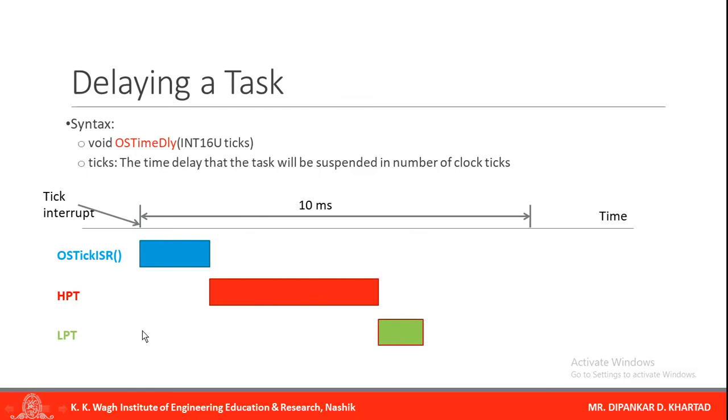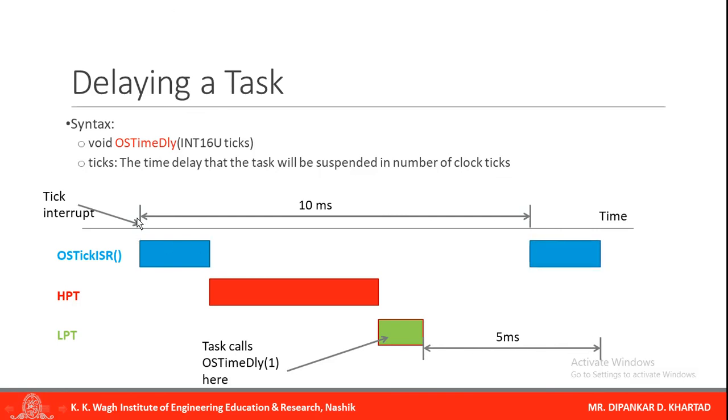And the lowest priority task, when that task calls OS time delay with one passed, meaning one tick here, it will delay its execution for 5 millisecond. But before this 10 millisecond part is completed, this part will start again. Now after 5 millisecond, this lower priority task will execute again. Why? Because there is no higher priority task.